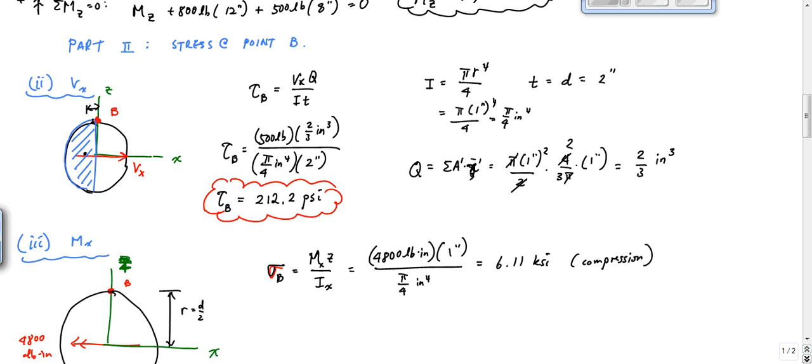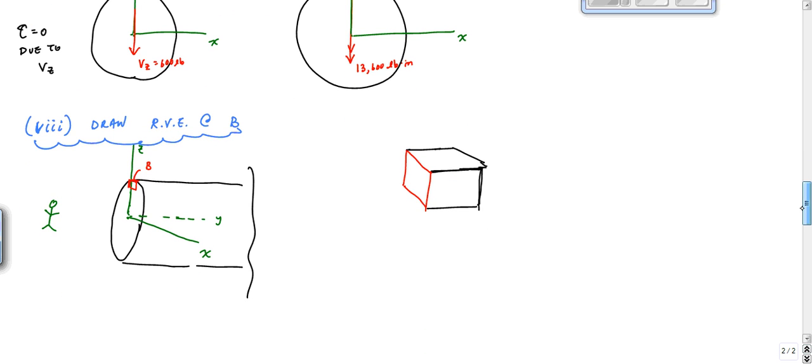So here, this is where that face of B is. Here's my B, right here. That means on B, right here, for Vx, do we call this Vx? For Vx, right here, I have a shear stress here of, what did we say that was? 212 psi? What was that number?